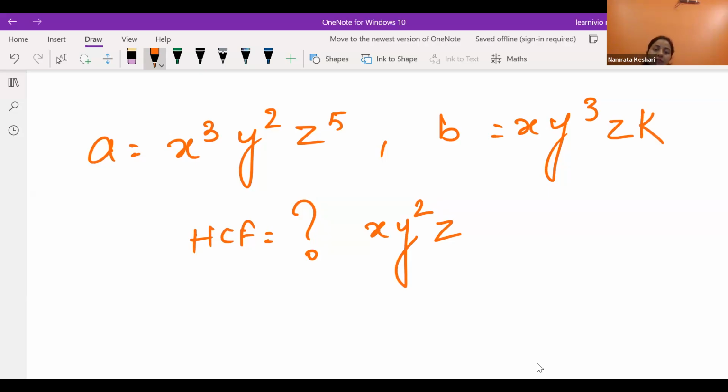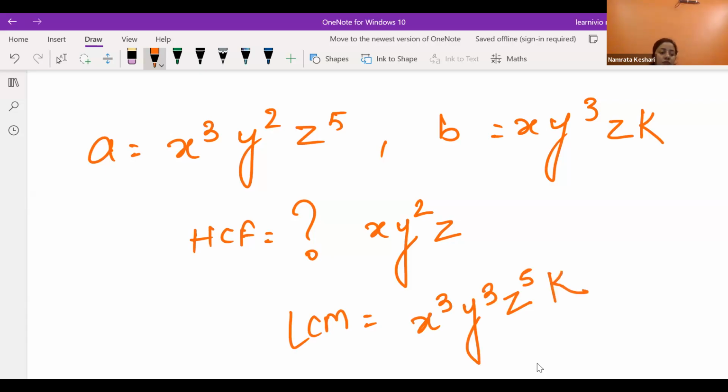And the LCM will be with that k: x cube, y cube, z to the power 5, and k. Right, Ritvika? Oh, yes, ma'am. Okay, like this we will be finding. So, just a moment.